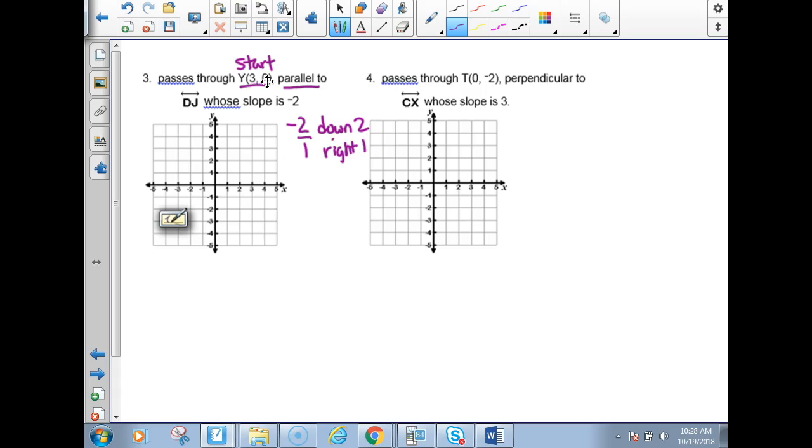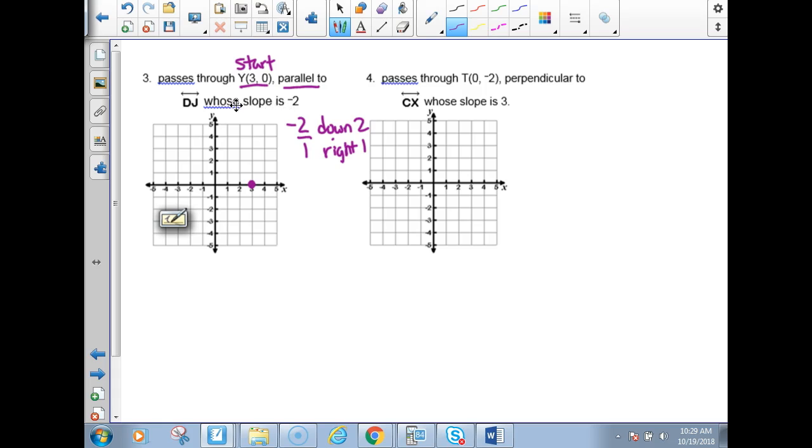But I have to start at 3, 0, which is right 3, and then stay there. Why am I doing the slope -2 over 1? Because parallel lines have the same slope.